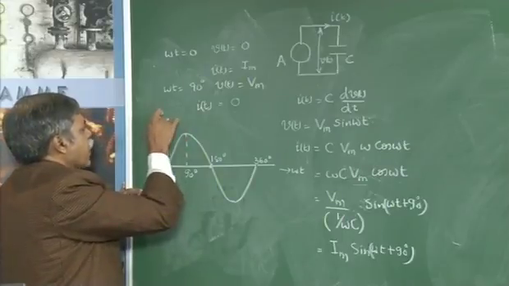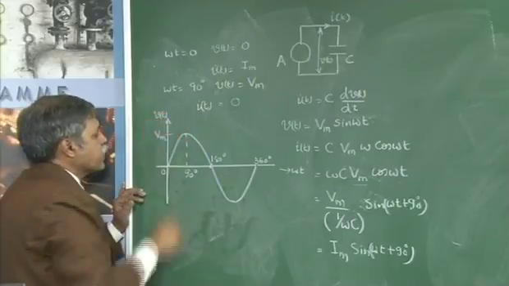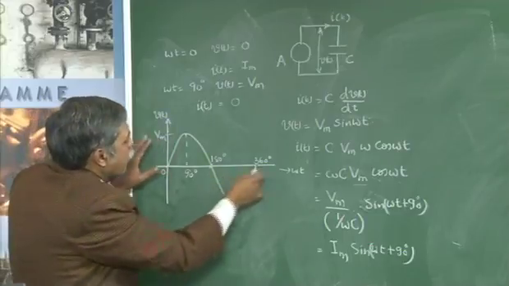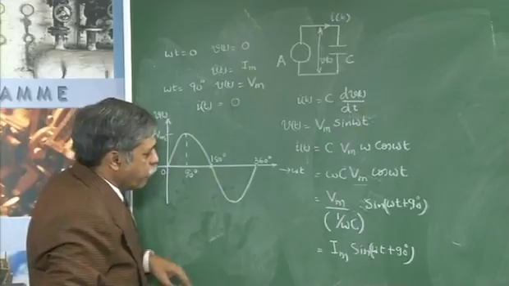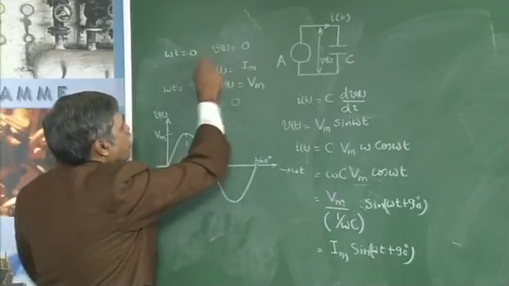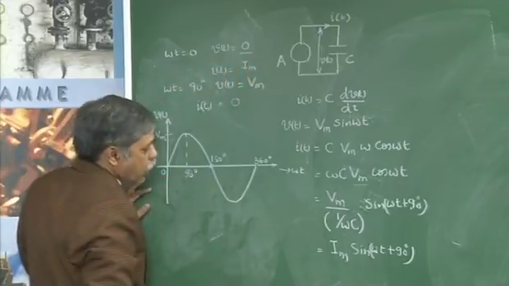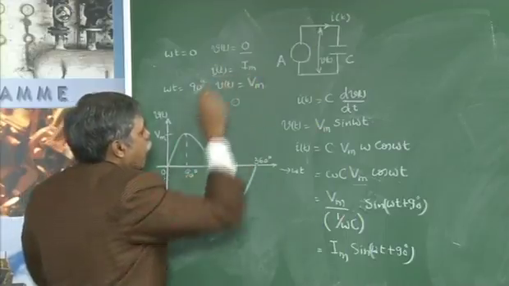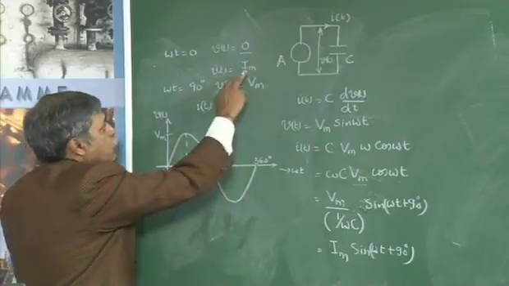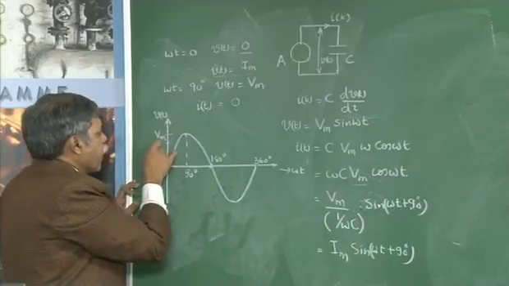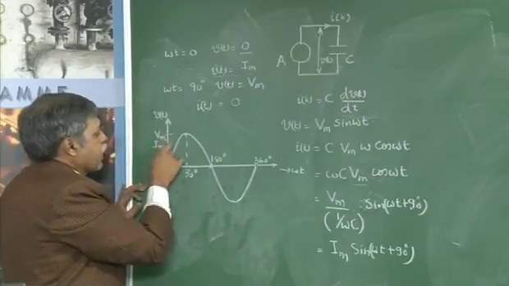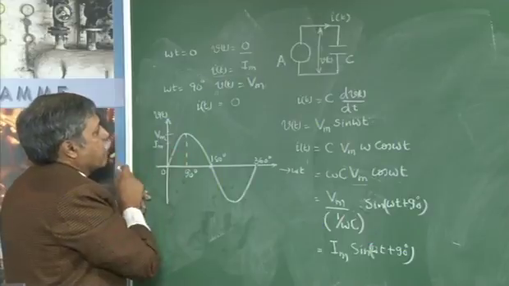Along this axis I am taking the instantaneous voltage. On the same waveform for the same period, if we try to write the current waveform, when omega t is equal to 0, voltage is 0, the current is maximum, Im sin omega t, and you see this is positive. Okay. So if I take the value of Im to be slightly lesser than the voltage, I have a maximum value.